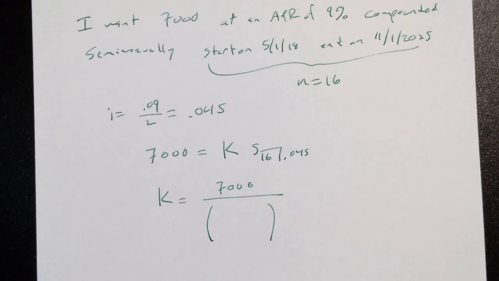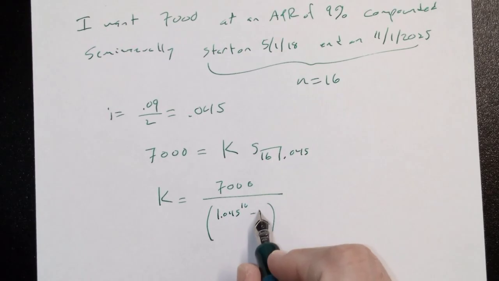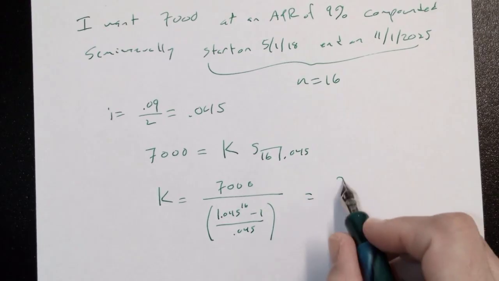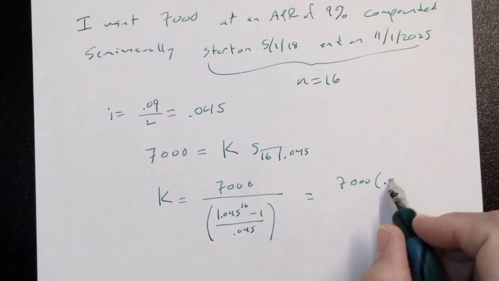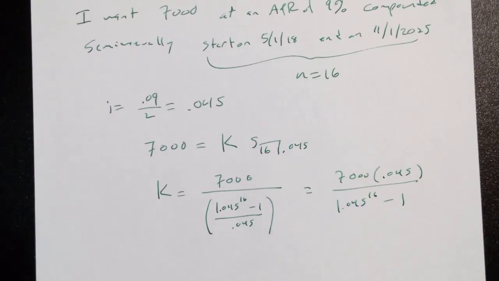Rather than write out the formula this time, s 16 angle 0.045, I'm just going to write out what it is. So that's 1.045 to the 16th minus 1 over 0.045. Fractions within fractions suck. So let's take the fraction out of the bottom and flip it. That puts the 0.045 on top.